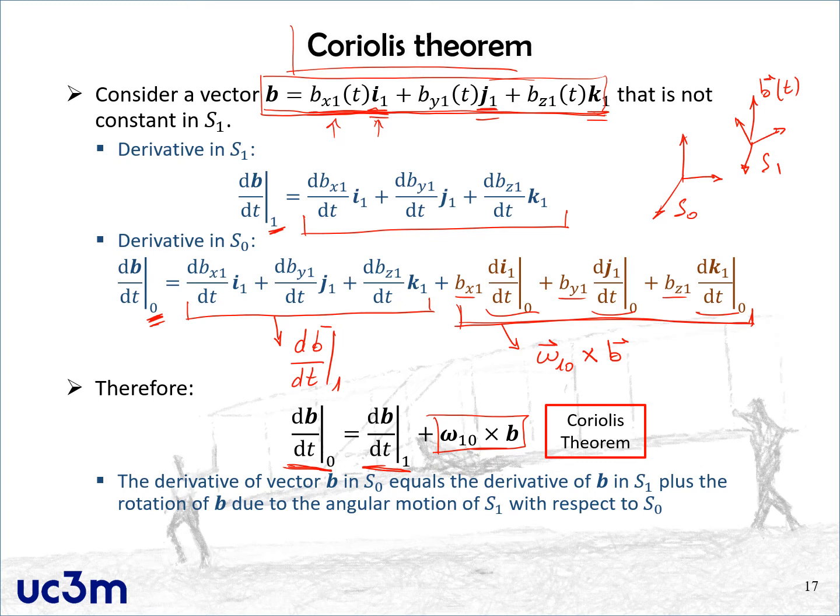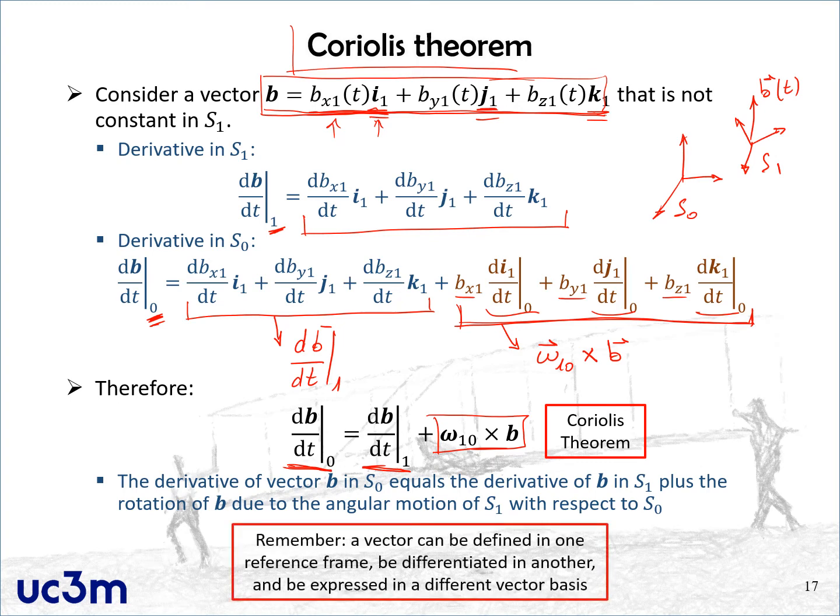It allows us to put into relation the variation of a vector that one observer sees with respect to the variation that another observer sees. So this is essential for relative motion. When we want to relate two different descriptions of motion from two different reference frames, we will have to make use of this connection between the derivatives of vectors in different reference frames.